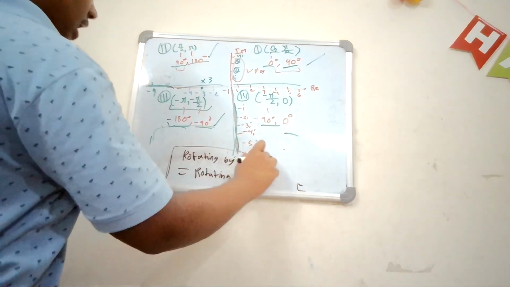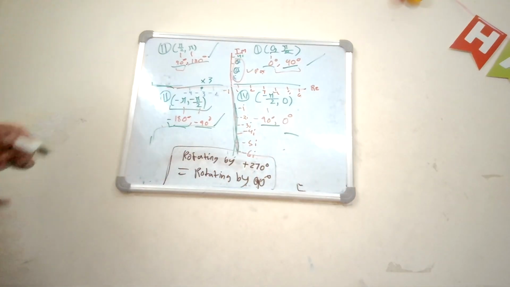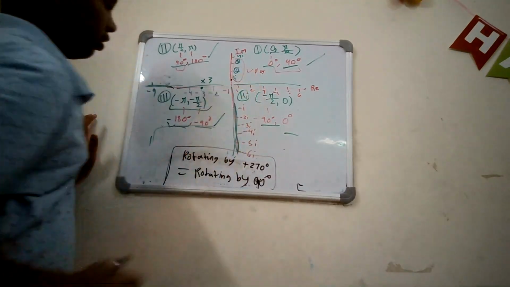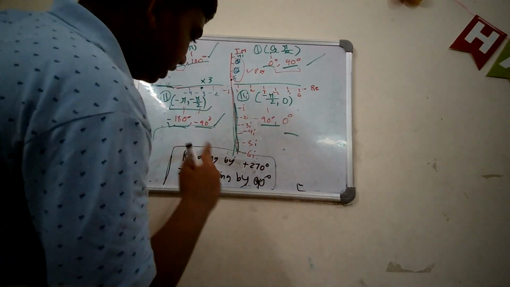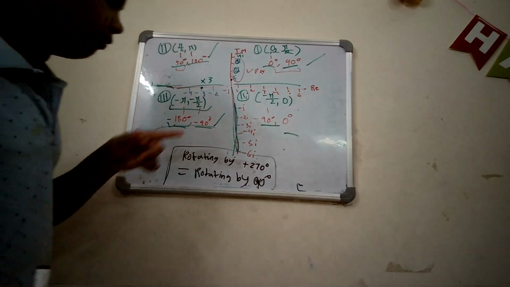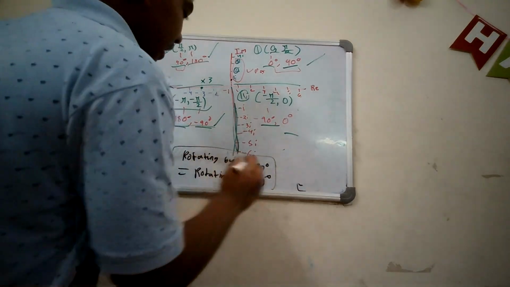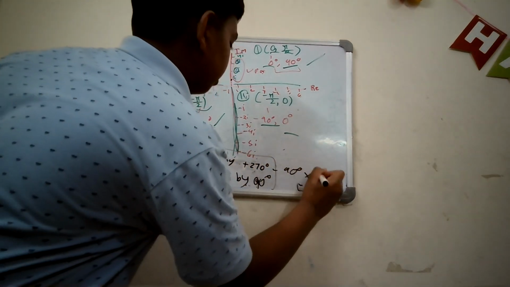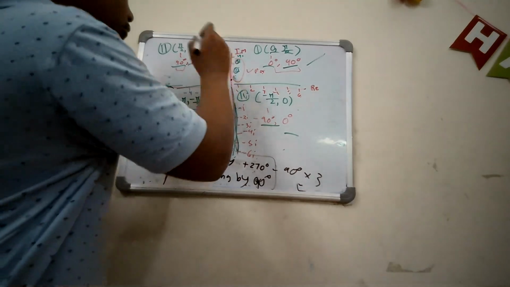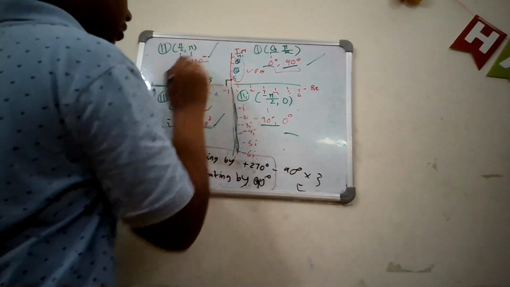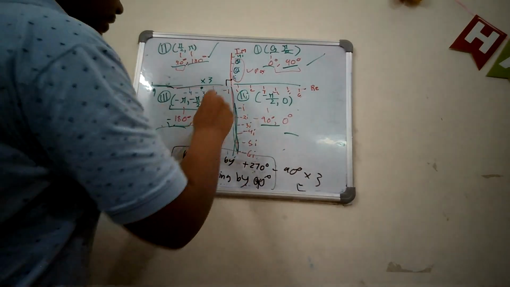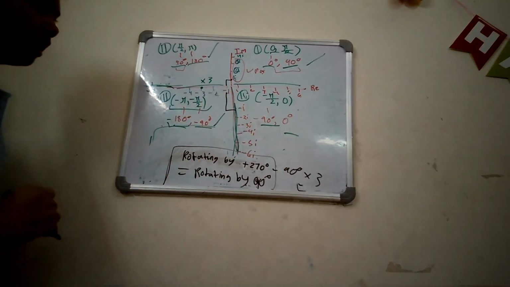Suppose I rotate a number, let's say 1, by 270 degrees. This means 90 degrees times 3, right? So rotating this number 3 times. If you multiply this by i, you'll get negative 1. Now, if you multiply this by i again, you'll get negative i.